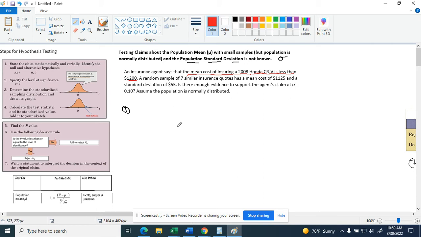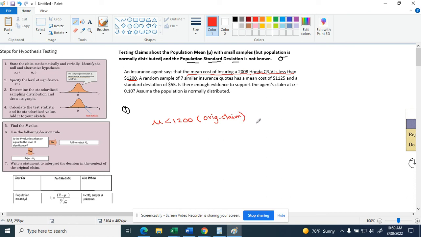So because the claim is about the mean, I'm going to write mu, and I'm going to translate this: is less than $1,200. So this is what I'm going to write. And because this is what I translated, I'm going to put in parentheses original claim.